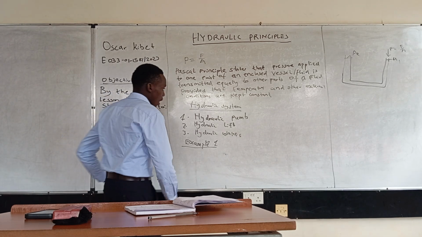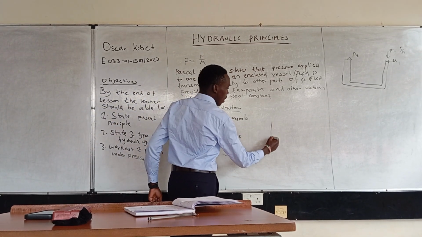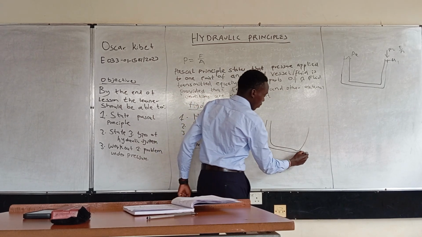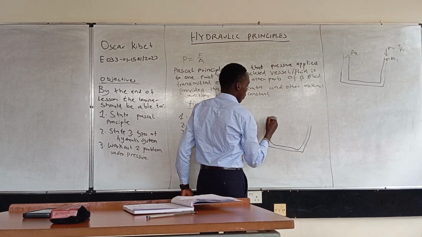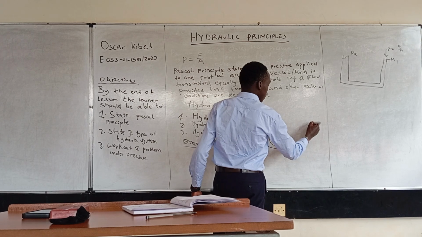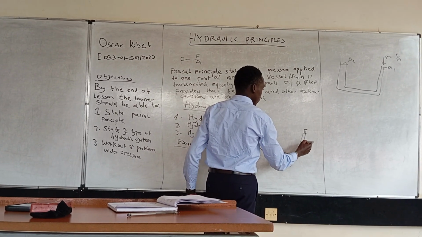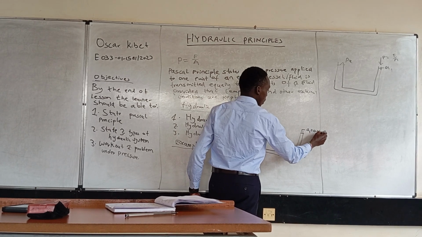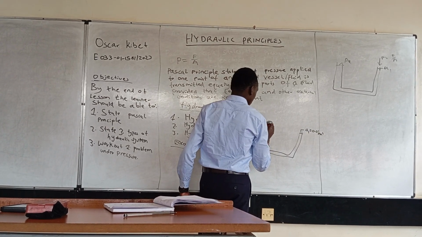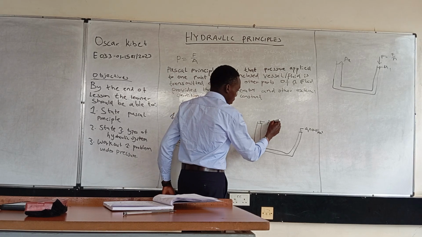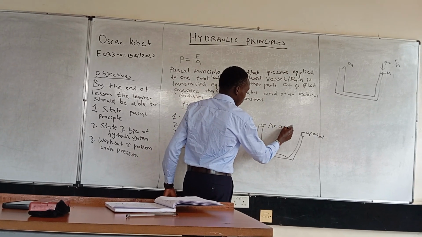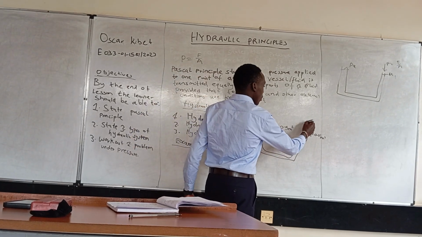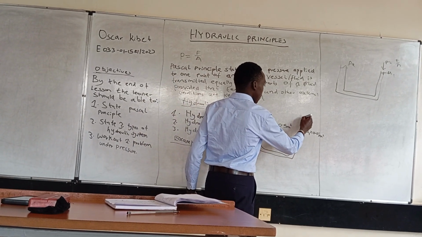So you are given a system. You have been given that area 1 is 0.01 meter square, and area 2 is 0.5 meter square, and we are told that a force of 200 newtons is applied here.